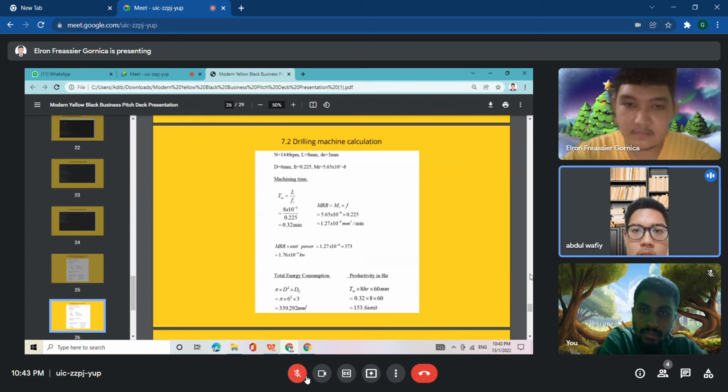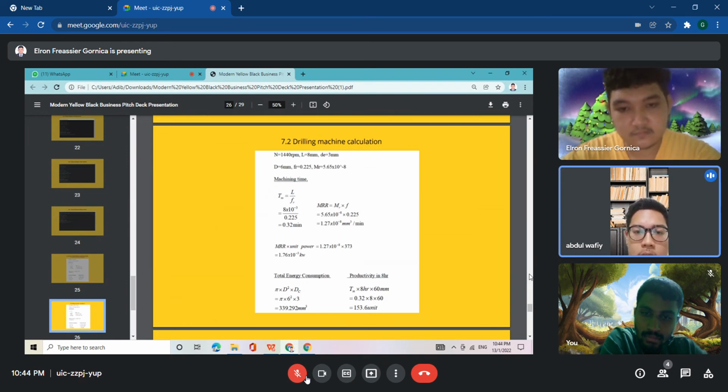Next, we have the drilling machine calculation. For the drilling machine, the first process is machining time. Tm equals L over Fr. We get 0.32 minutes. For MRR equals MR multiplied by F, we get 1.27 multiplied by 10 power of negative 8. For MRR multiplied by unit power, we get 1.76 multiplied by 10 power of negative 3.